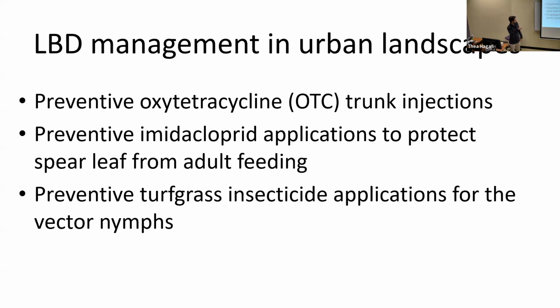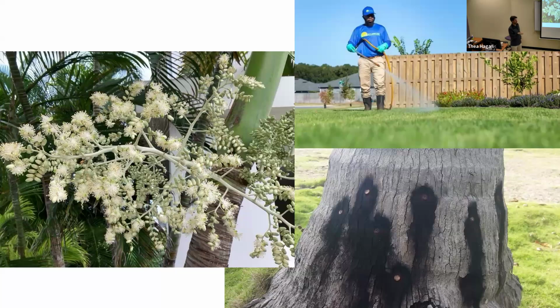So preventive injections of antibiotic, preventive applications of systemic insecticides to the palms, so that if an adult lands in the palm, it dies before it transmits the pathogen. And preventive applications of insecticides to the turf around palms to reduce nymph habitat. So needless to say, this is not a sustainable approach to managing this pest.